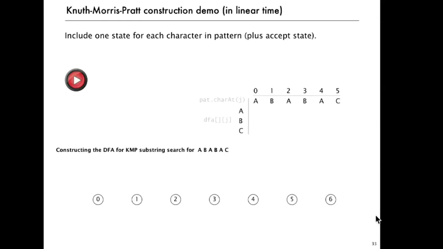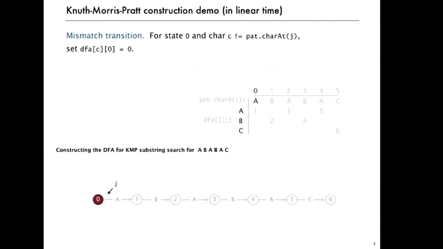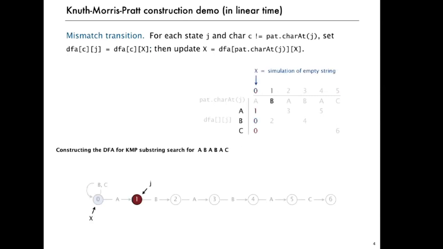Let's take a look at a demo of the full construction that came into DFA. So here goes, and again, I want to say for clarification step. Match transitions are easy, how we build those, and we're going to start at position 0, and the mismatch transitions are easy.